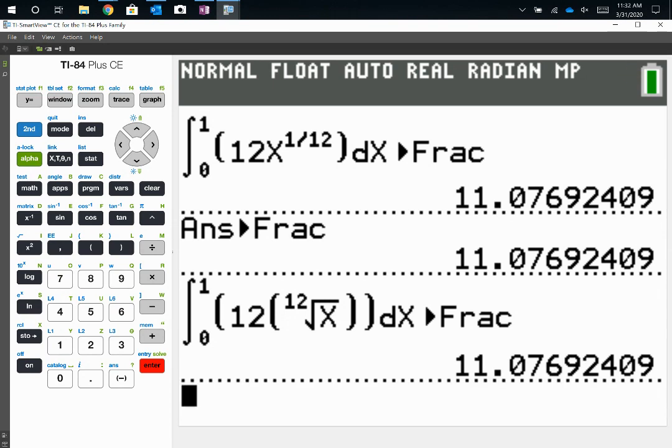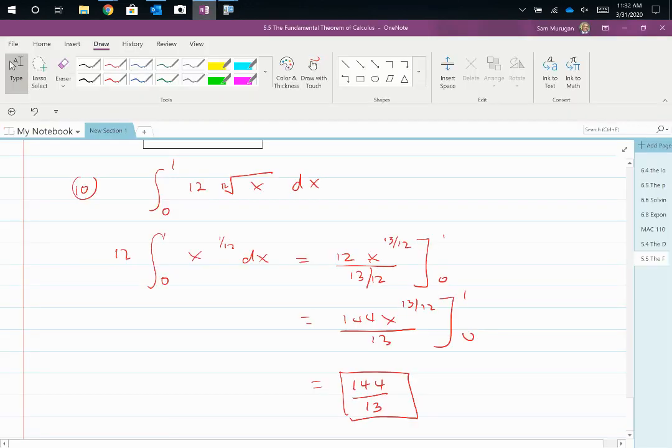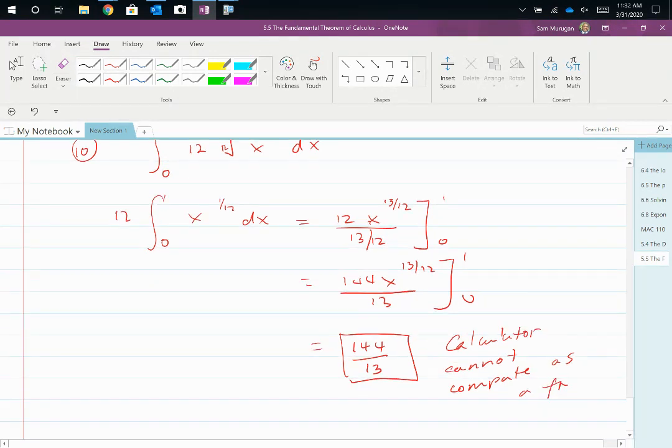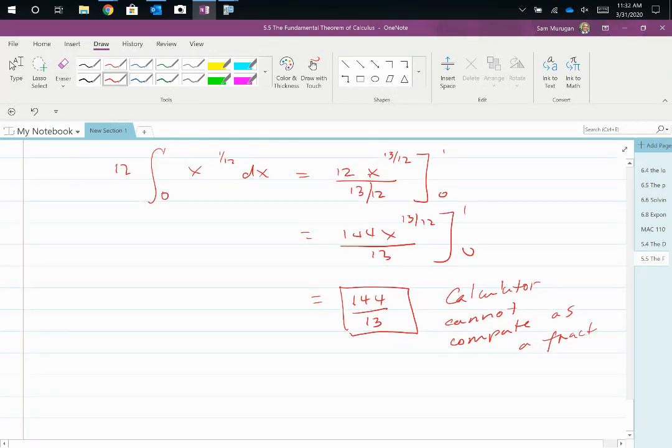Okay, so the calculator is unable to compute this. Calculator cannot compute as a fraction for this problem. In other words, you're actually going to have to know how to do the problem, okay?